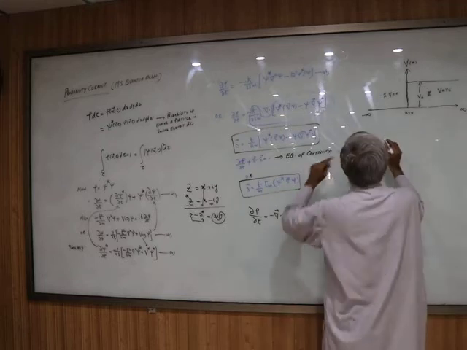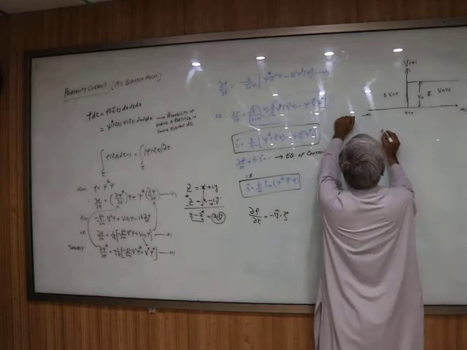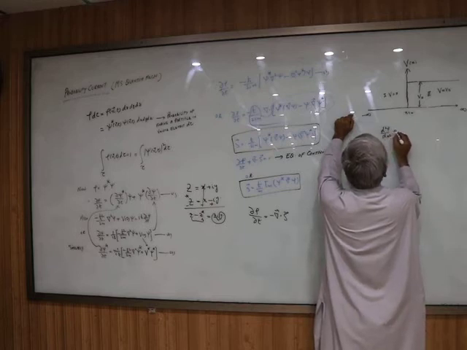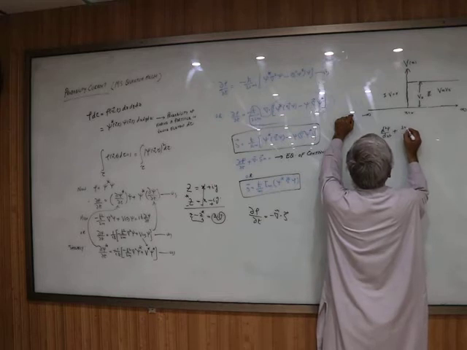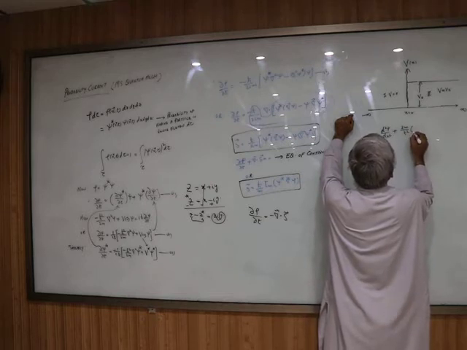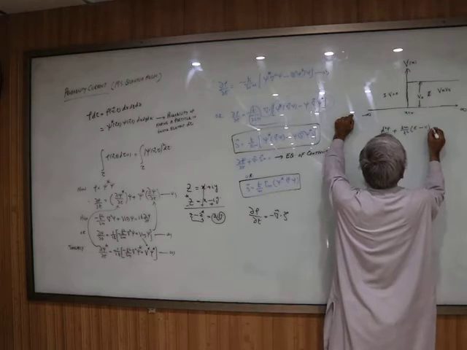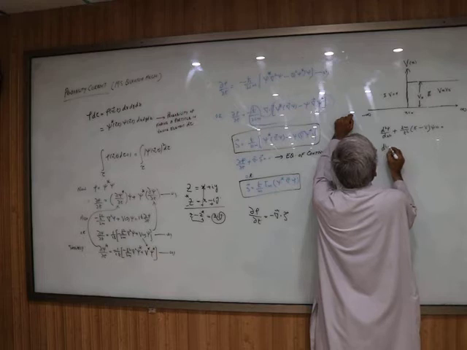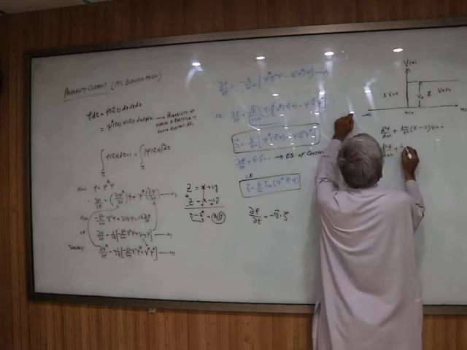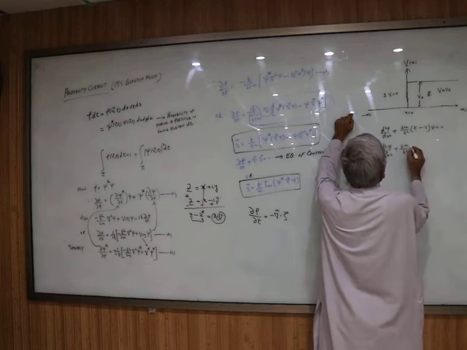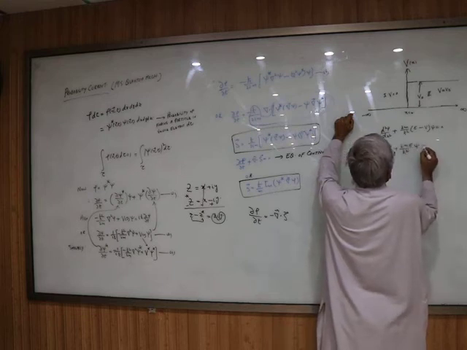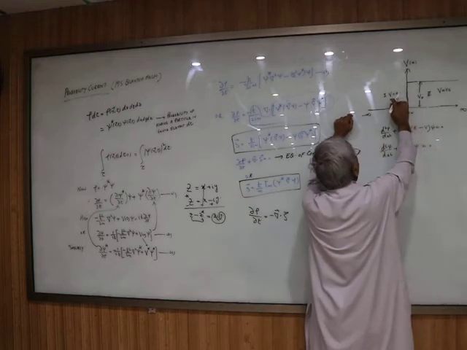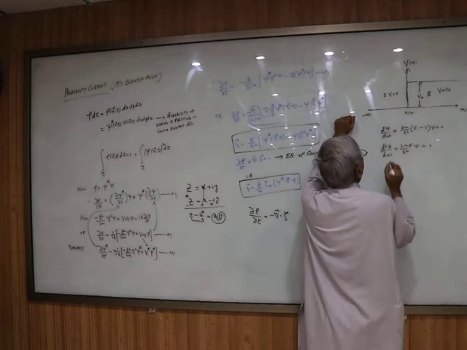So the Schrodinger equation in the two regions is d2 psi over dx2 in one dimension plus 2m over h bar square (E minus V) psi is equal to 0, and in region 1 you have d2 psi over dx2 plus 2m over h bar square E psi is equal to 0, because here in region 1 V is equal to 0, so no problem.